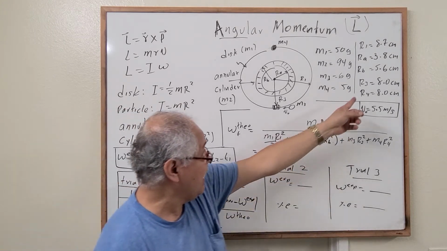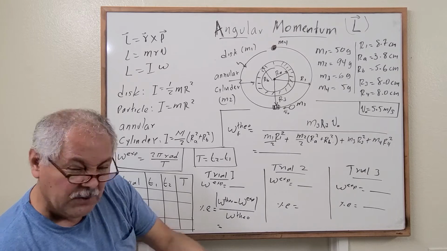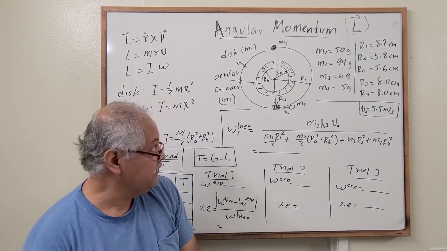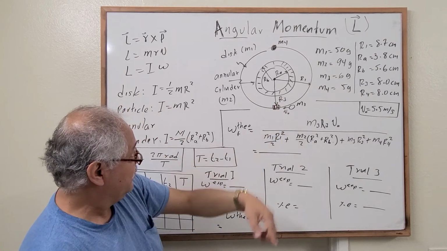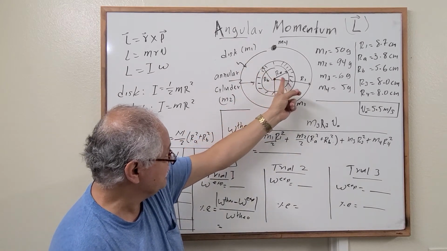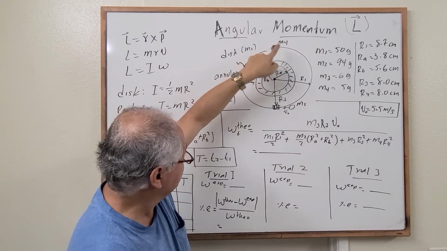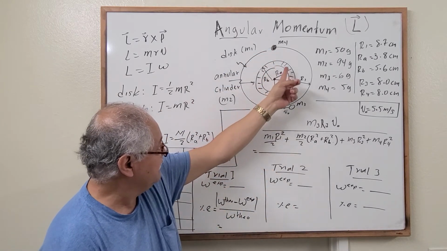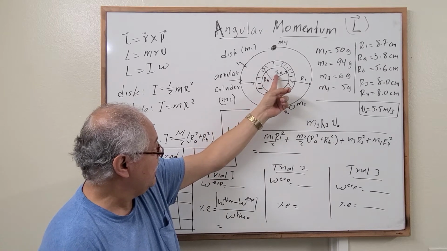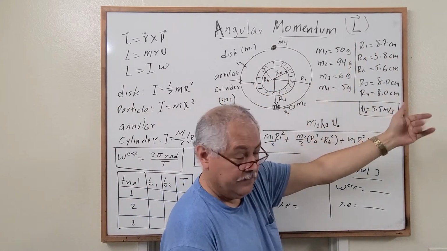Correct. Also, we have the distances for the radius of the lever arms for each object. For example, for the turntable, this is R1. For M3, from here to here, the same thing for M4, from here to there. For the annular ring, we have R sub I and R sub B, and these are the values right here.